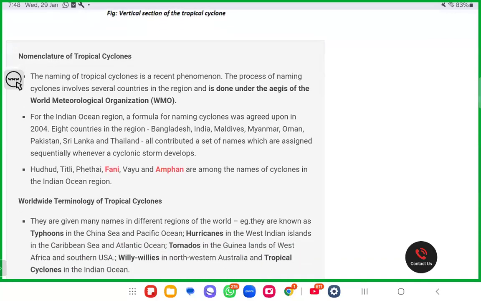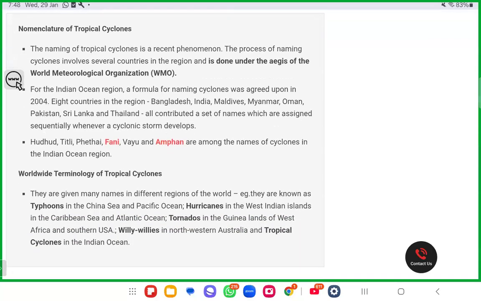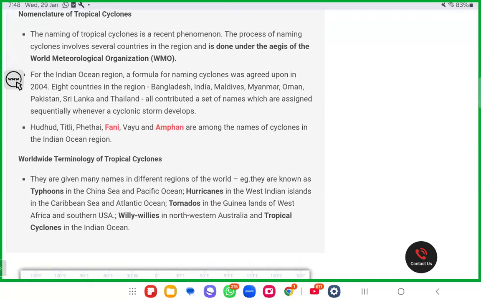This nomenclature of tropical cyclones is important. Can you see the two cyclones written in red, Fani and Unfun?